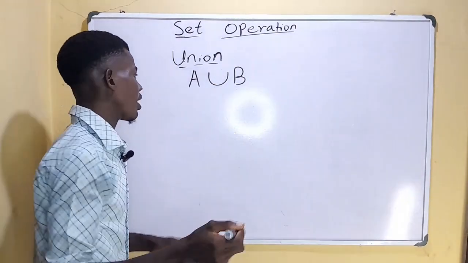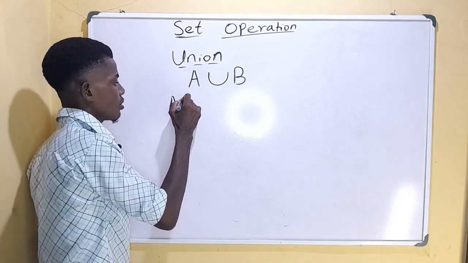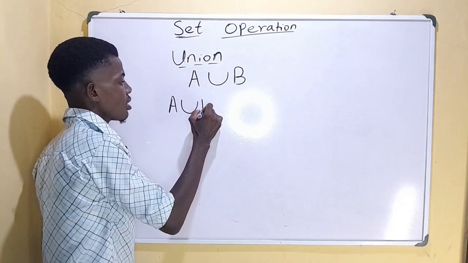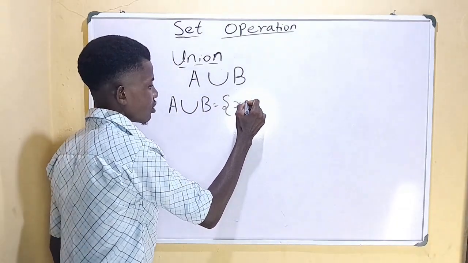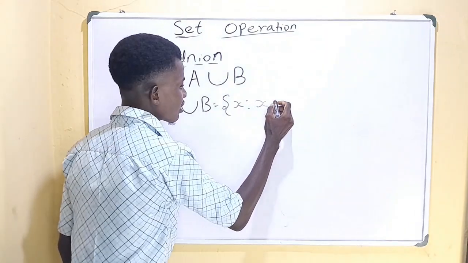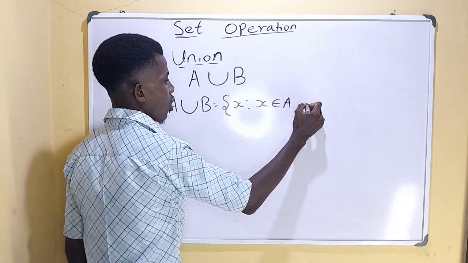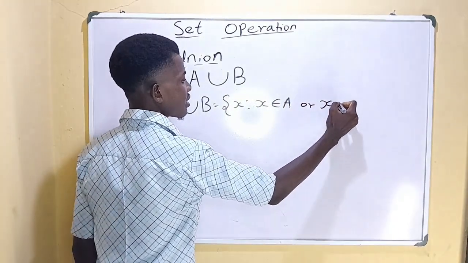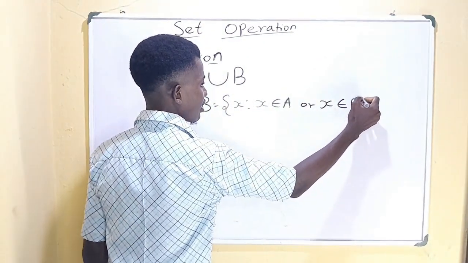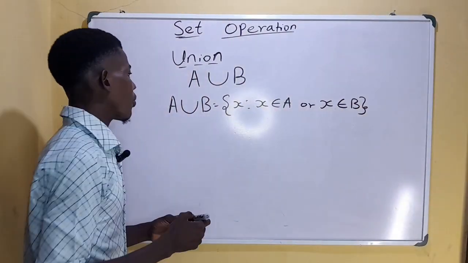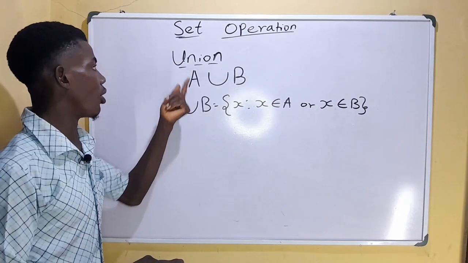Now, we can define the union of two sets A and B as the set of X such that X is an element of set A or X is an element of set B. So this is the definition of union.